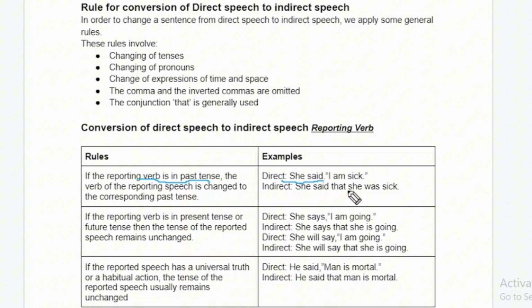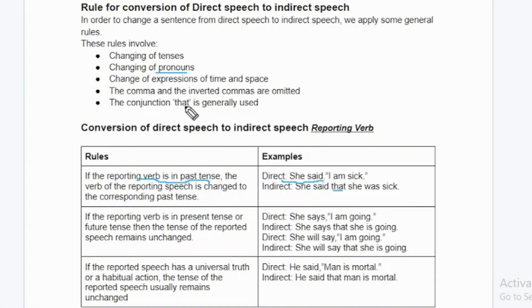And the next part: that she was sick. "I am sick": I changed "I" into "she." What we learned: changing of pronoun. And we omitted the inverted commas in this sentence, and we used "that."